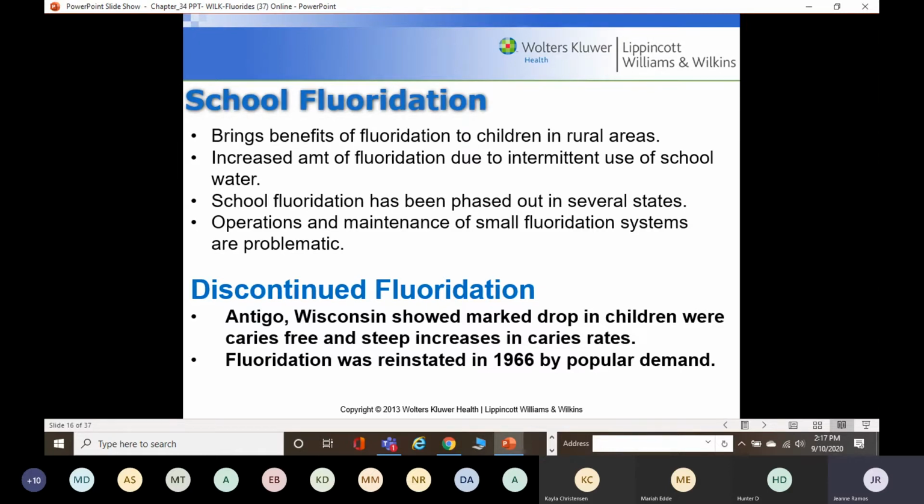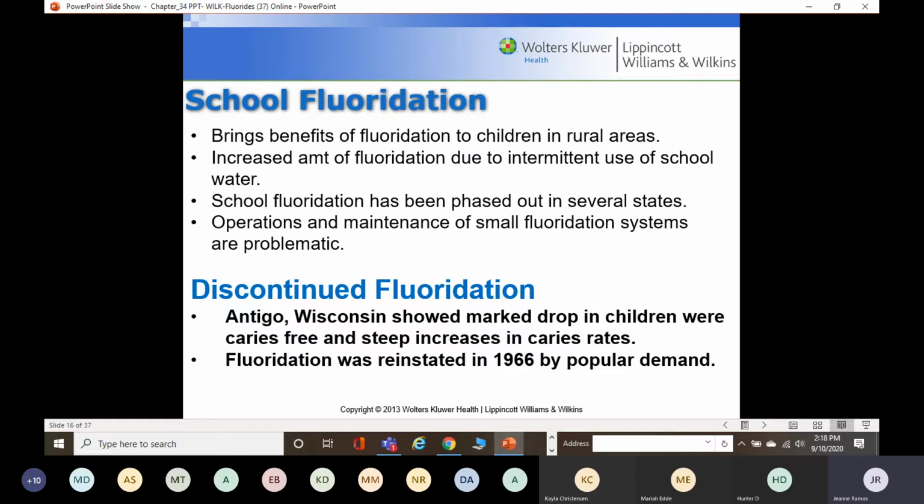And so it could bring a little bit to the children, increase the amount of fluoridation. And they would only intermittently use it or drink it because I guess in the summer, they got none at all unless they went to summer school, but 5 days out of the week. And depending on how much water that they drank or was the food was cooked in.